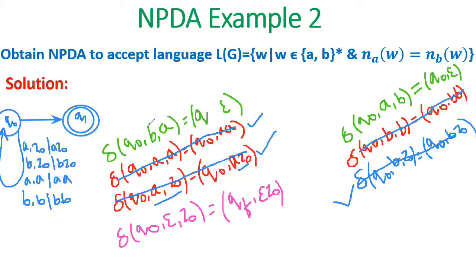Next, what we have? B on A, you have to pop it. So it is B comma A, opposite symbols, you are popping it, epsilon. Similarly, A comma B is also epsilon.